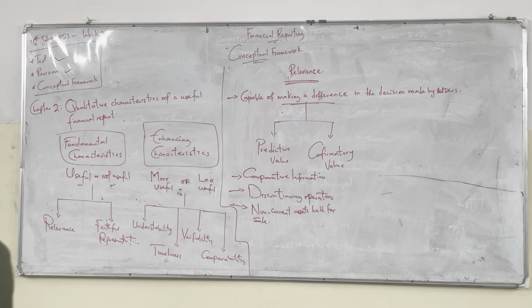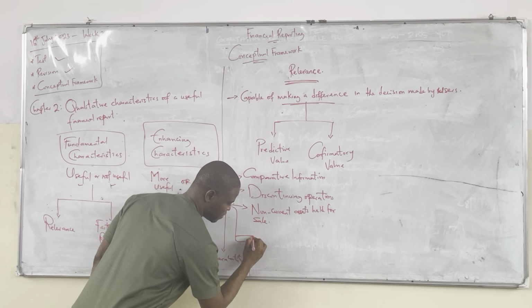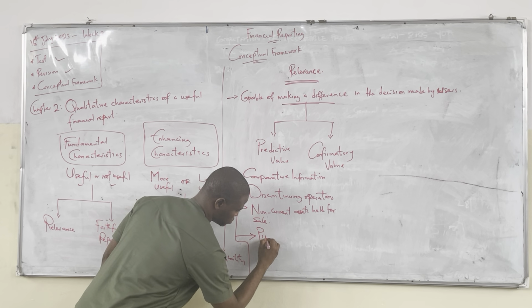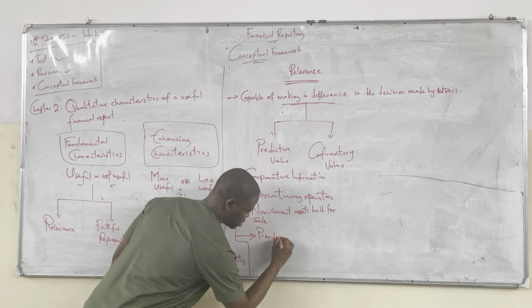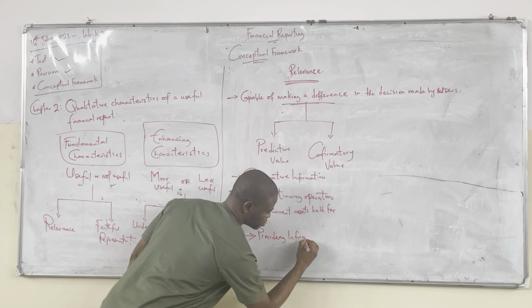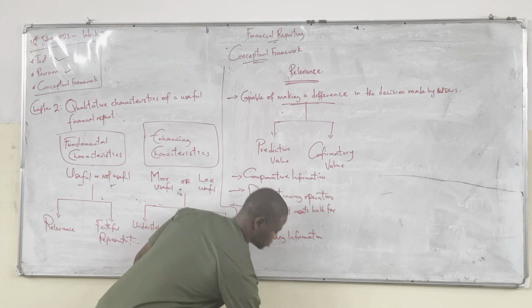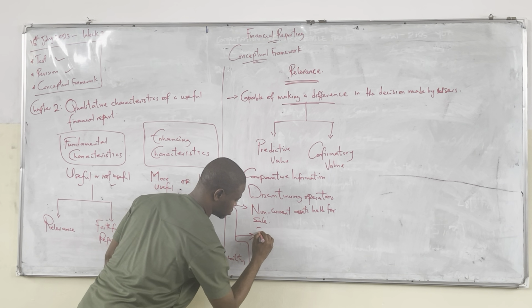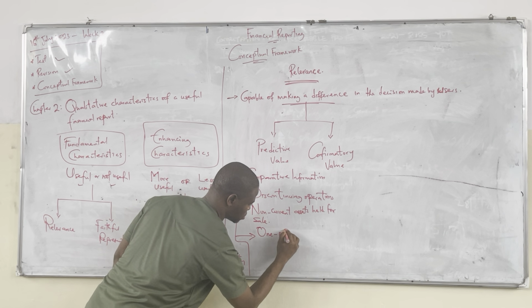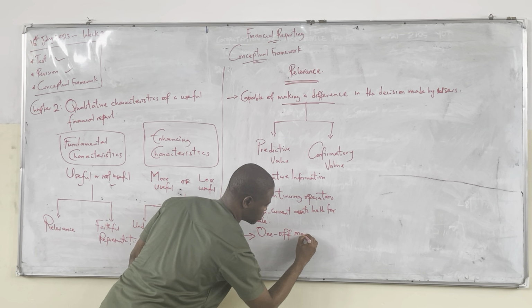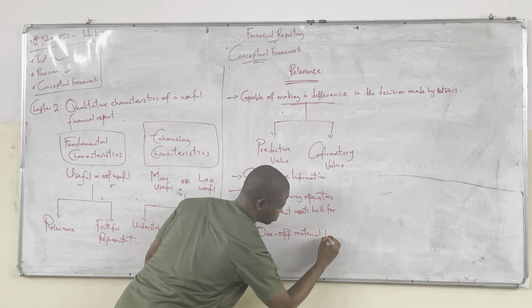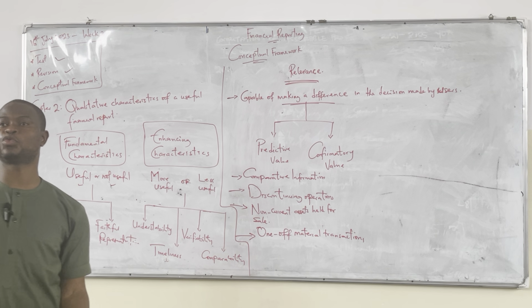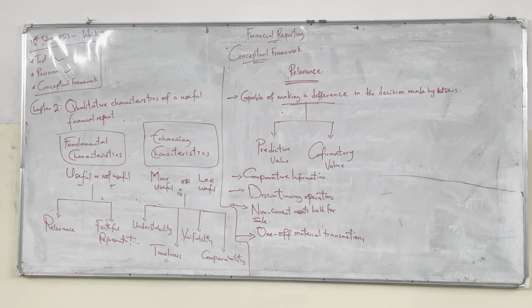Another way it can have predictive value is providing information, giving us information on one-off material transactions.